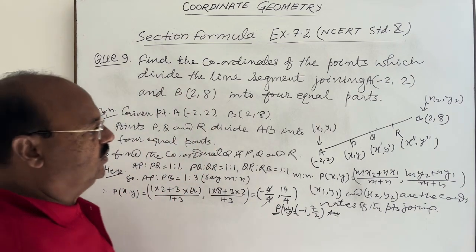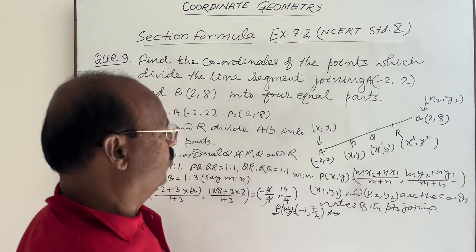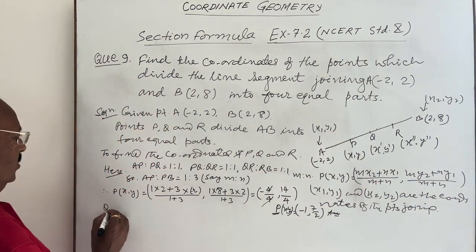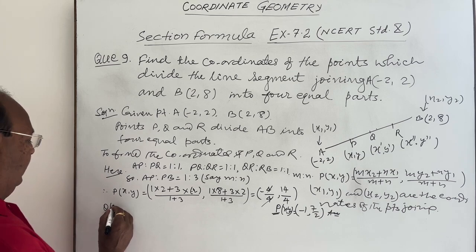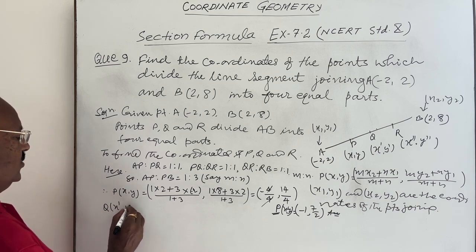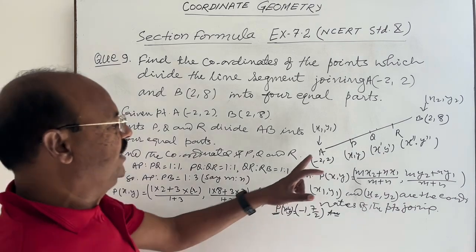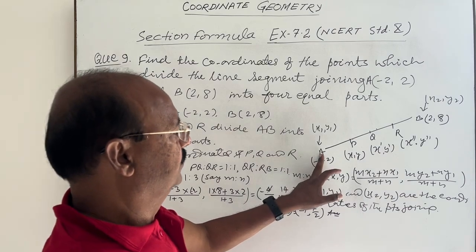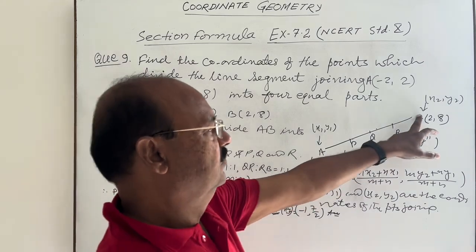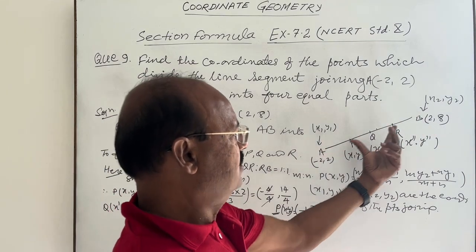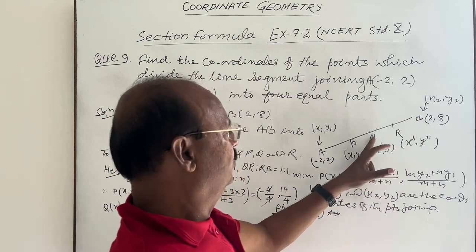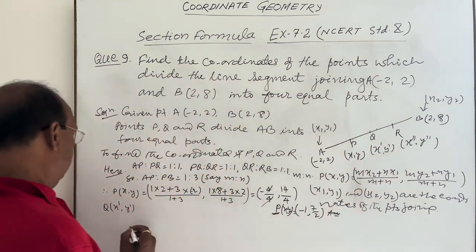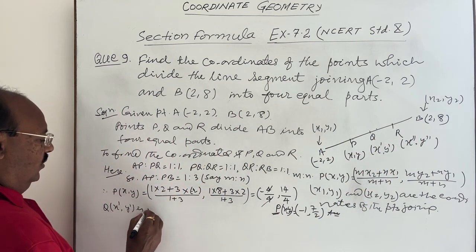Now let us find the coordinates of point Q. Here Q, having coordinates x dash, y dash, is the midpoint of AB, isn't it? This is two parts, this is two parts. So Q is the midpoint of AB.